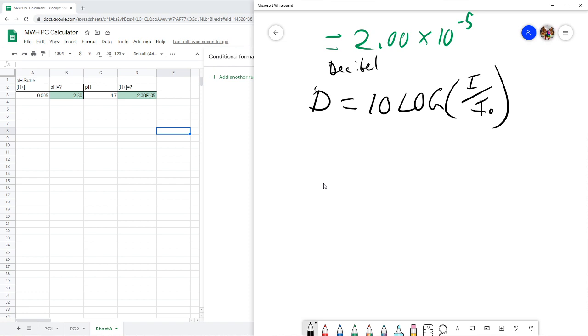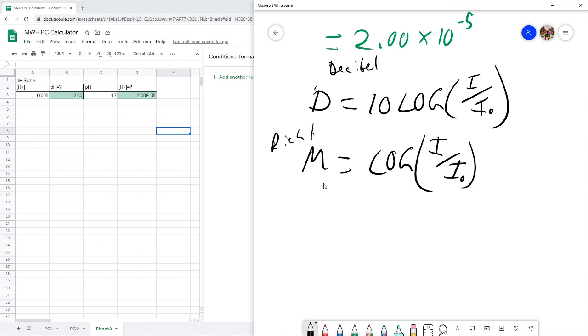We can make a similar setup here, but I want to make you think a little bit harder about what it is we're doing. The Richter scale said the magnitude was equal to log of I over I naught. So this was the Richter scale.